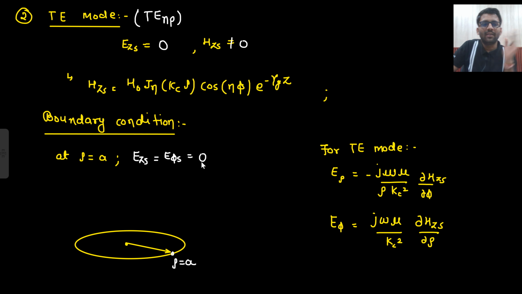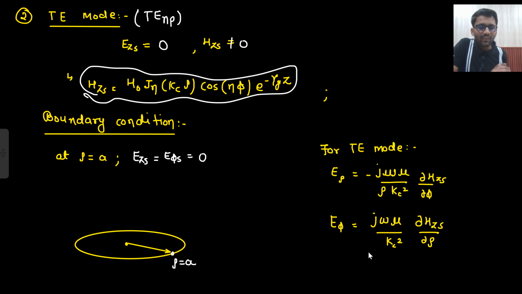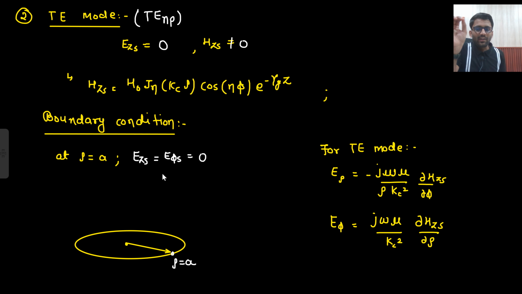But I don't know anything about the magnetic field, although I have the expression of the magnetic field. At rho equals A, EZS and E phi s will be 0, meaning the tangential component of electric field is 0, but I don't know anything about our HZS.